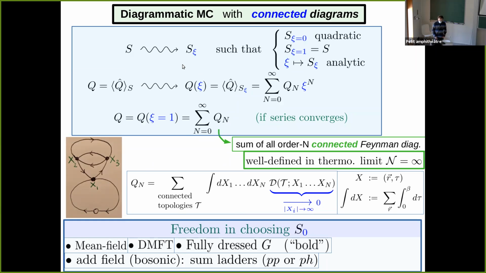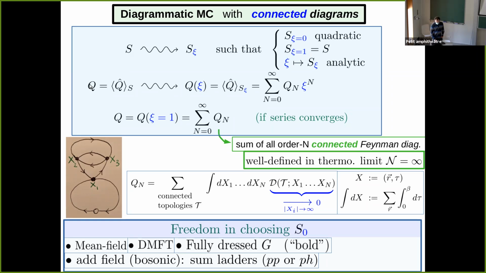So formally, the general setup is as follows. Starting from some physical problem with some action S, you first introduce a formal expansion parameter psi and correspondingly action S psi in such a way that at psi equals 0, the action is quadratic. At psi equal 1, you recover the original action, and it should be an analytic function of psi.